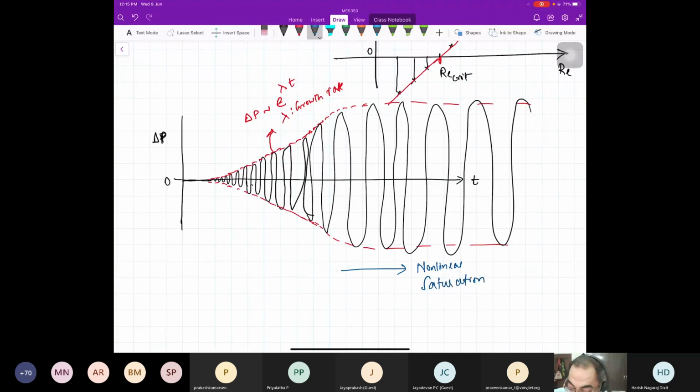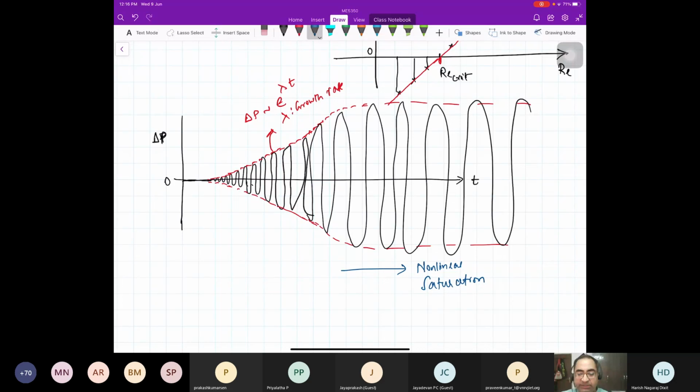The disturbance will amplify and eventually saturate at some nonlinear value. What is the exact value at which it saturates? That depends on a variety of points, like what the boundary conditions are, what the parameters of the problem that you've chosen are, and so on. Okay, but I hope that answers your question. Fundamentally, whatever these disturbances are, they can keep growing and eventually they'll have to saturate at some point. They can't keep going forever.